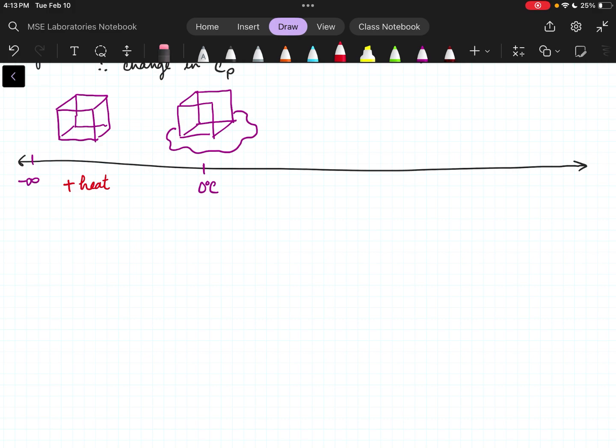I'm at negative 50 Celsius. Do you know what's going to happen to the temperature as I add heat? Remembering that heat is another word for energy. I'm adding energy to the ice cube. It's at negative 50. What's going to happen to the ice cube? It will not stay the same temperature, but it will stay the same phase. Right. So it's going to stay an ice cube, and the temperature is going to rise.